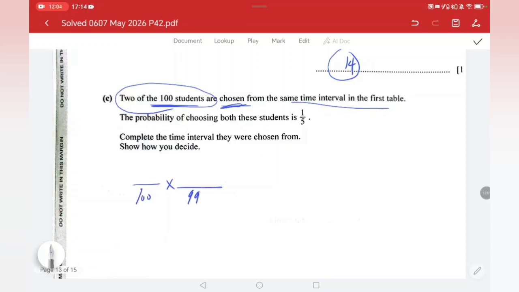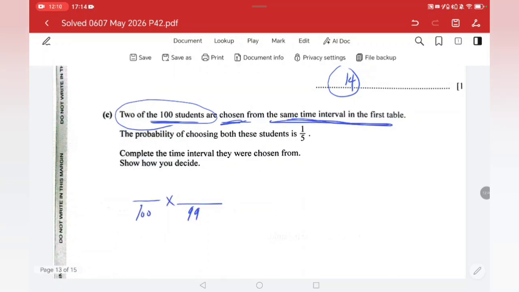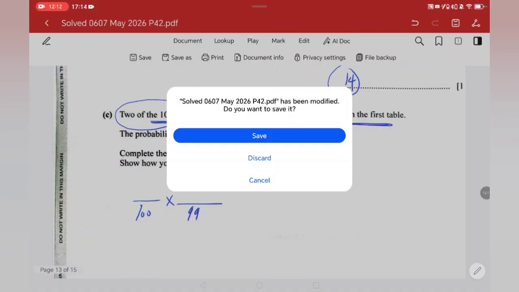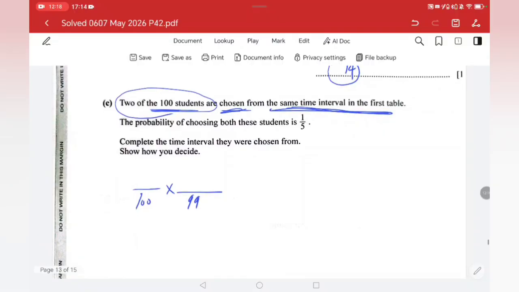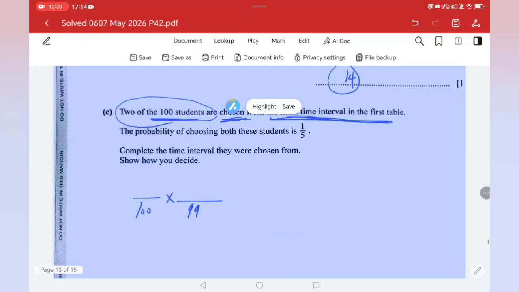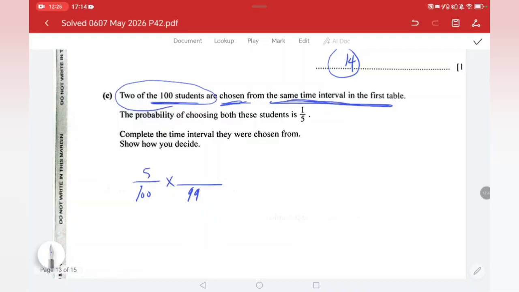But they said that they are from the same interval. The same interval means, whatever the number you have here, for example, if this one is 5, this one will be 4, and so on, it will be decreased by 1, because both of them are from the same interval.